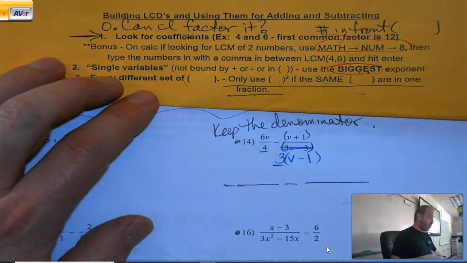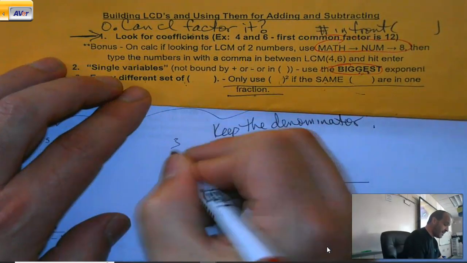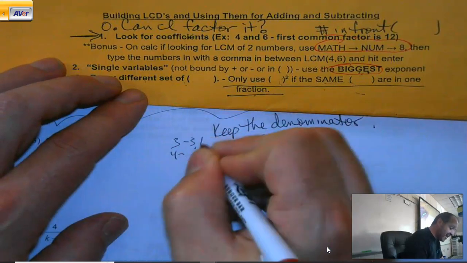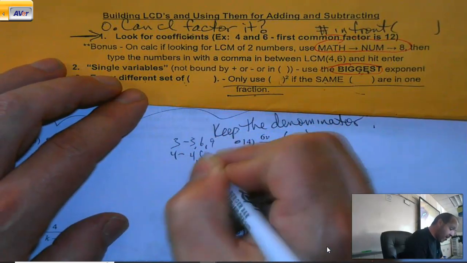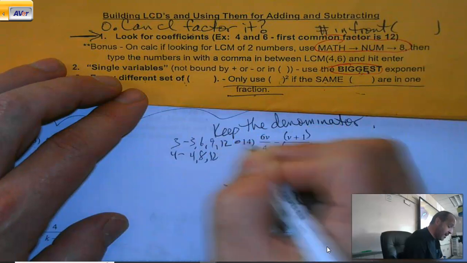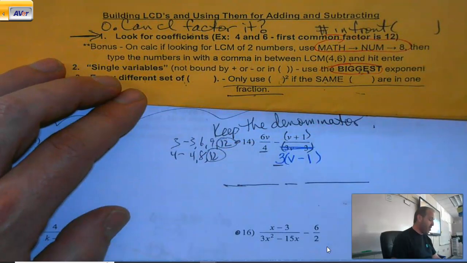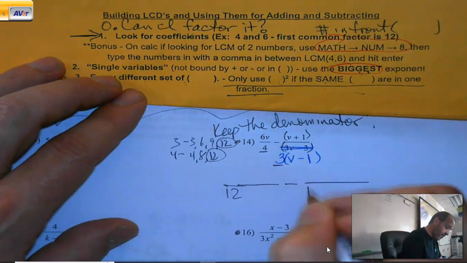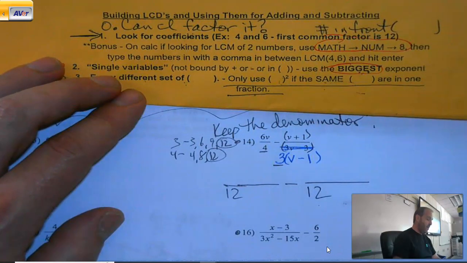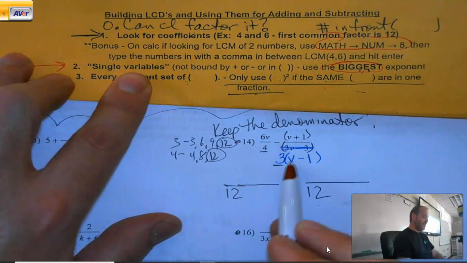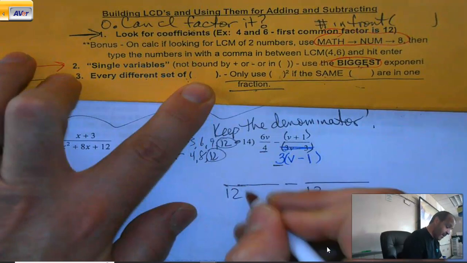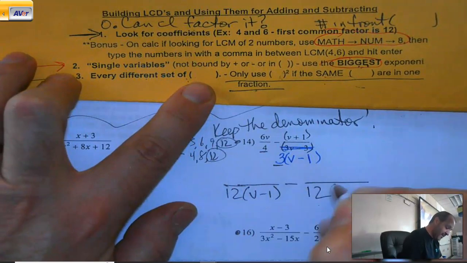You're counting by 3s, you're counting by 4s in your brain, on the back, on your multiplication sheet. I don't care. But we're going to keep going until we find the same number in both lists. 12. No single variables. My only variable's right there, and it's stuck in a set of parentheses, so that gets included in the parenthesis part.